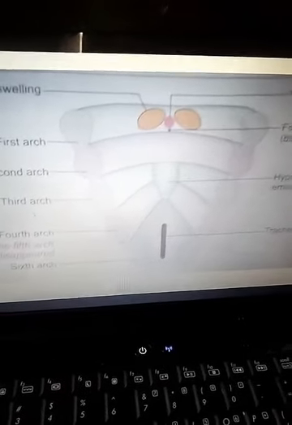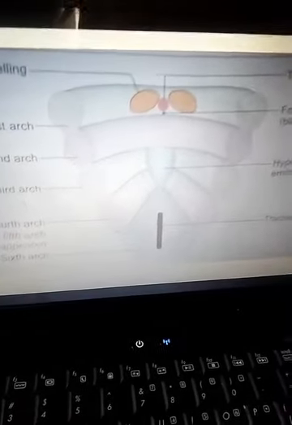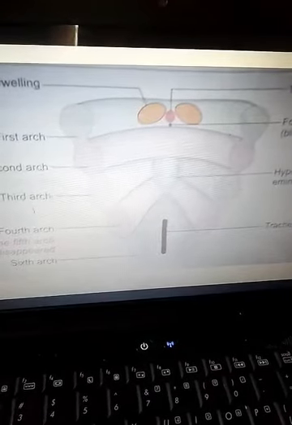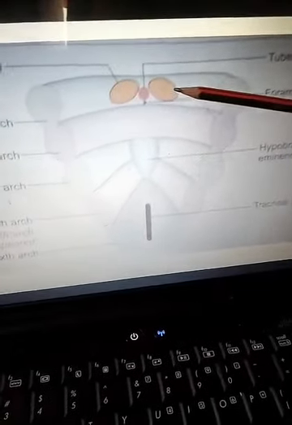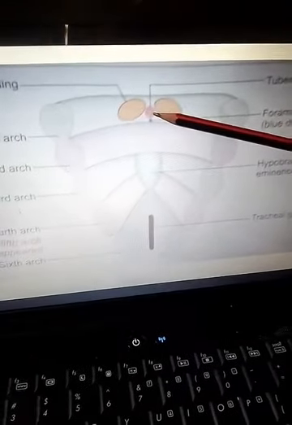Now we have to explain how the tongue is formed. When we see the gross anatomy of the tongue, we divide the tongue into the anterior 2/3 of the tongue, the posterior 1/3 of the tongue, and the posterior most part of the tongue. The anterior 2/3 of the tongue is derived from these two swellings and the tuberculum impar.